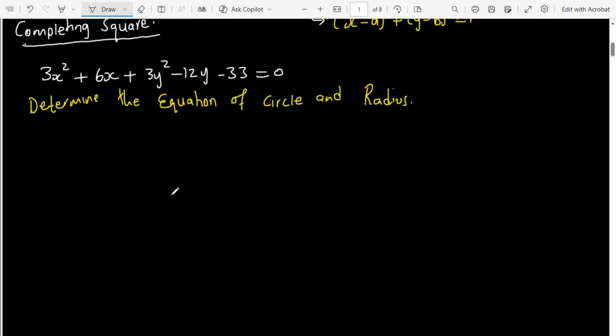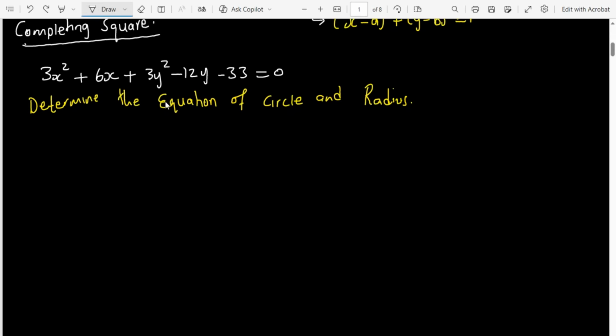When you complete the square, first thing first, we ensure that the coefficient of x squared and y squared are 1. So that's what you need to first make sure. Let me write this down so that you can understand what I'm referring to.